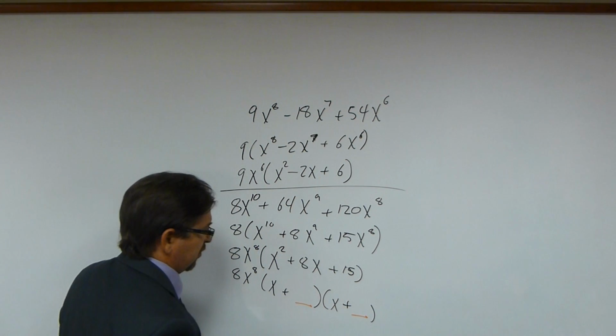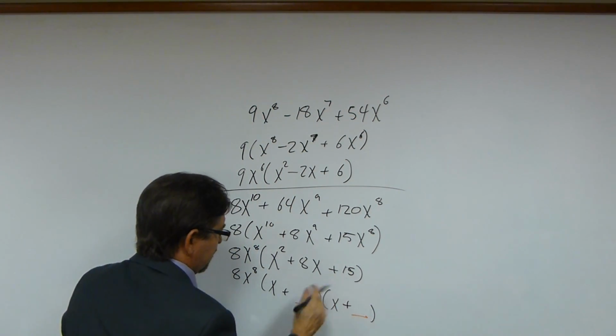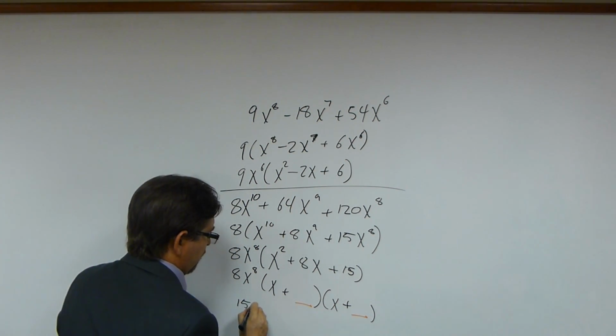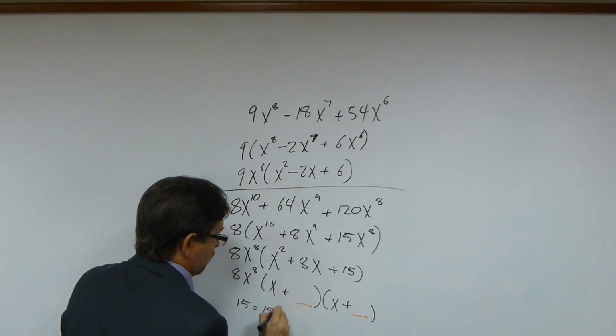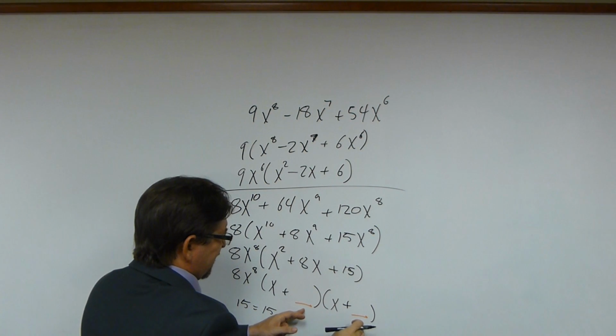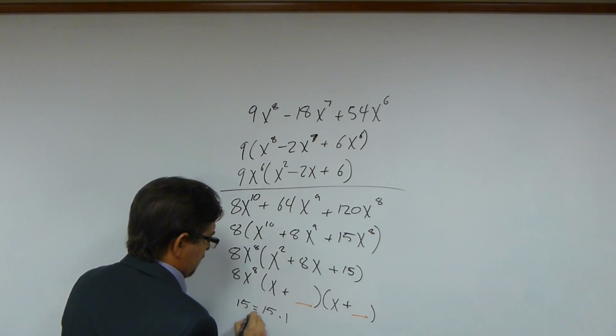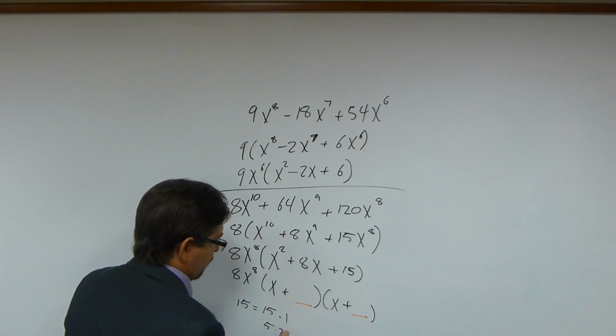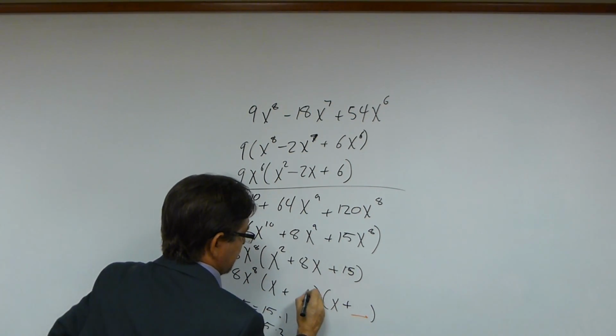What can we put in here? 15 has factors of 15 and 1. 15 and 1, no, that gives us too high a middle number. How about 5 and 3? Well, hold on, let's check that out.